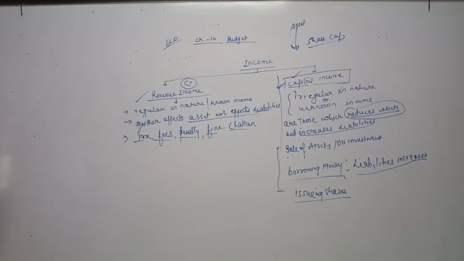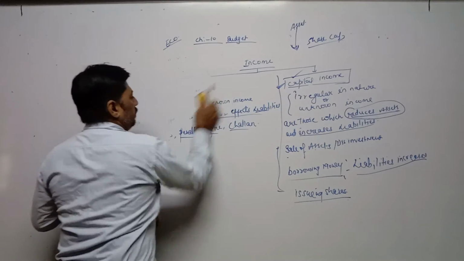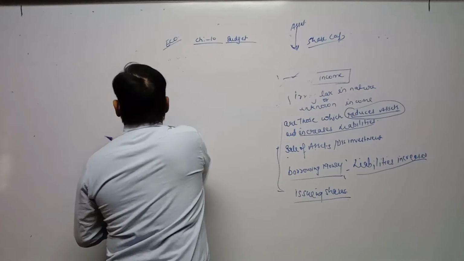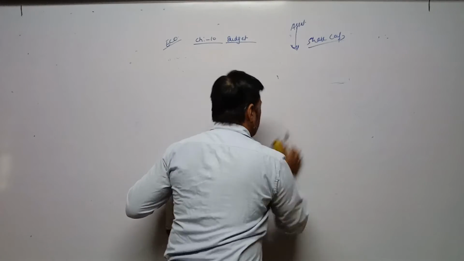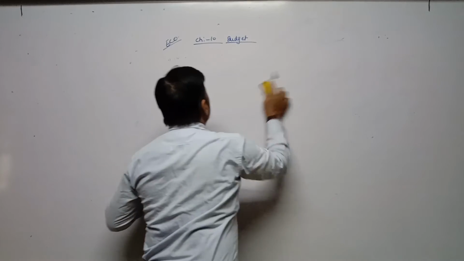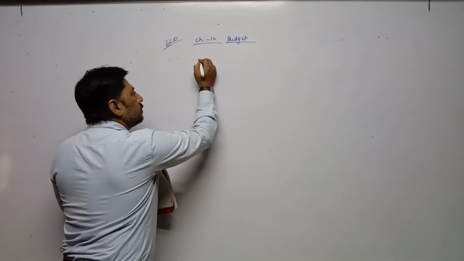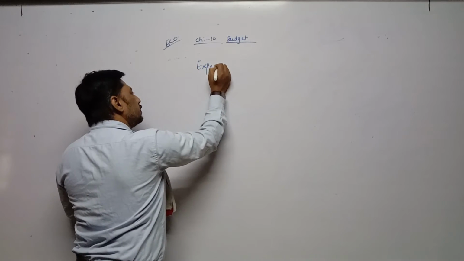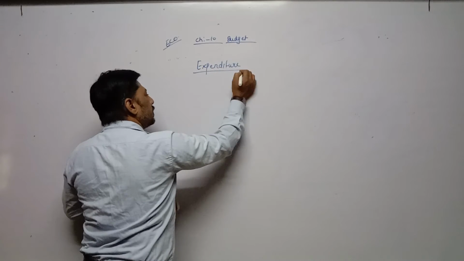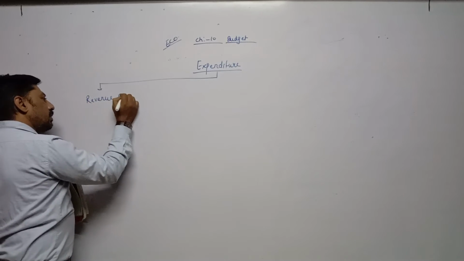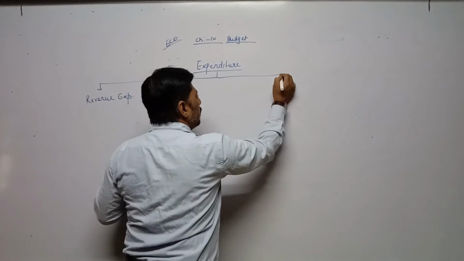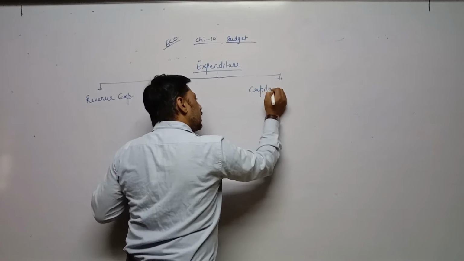Expenditure is also classified into two categories: revenue expenditure and capital expenditure.